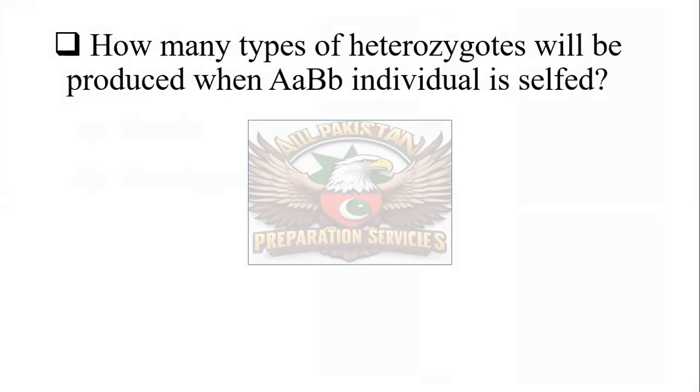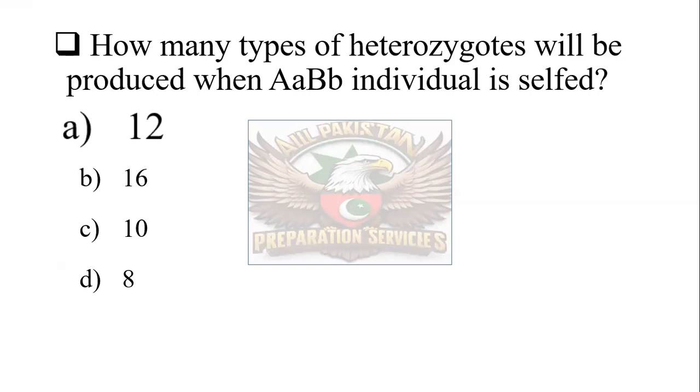How many types of heterozygotes will be produced when a capital A small a capital B small b individual is selfed? 12, 16, 10, or 8. The correct one is 12. Twelve individuals are heterozygotes and the rest are completely homozygous.